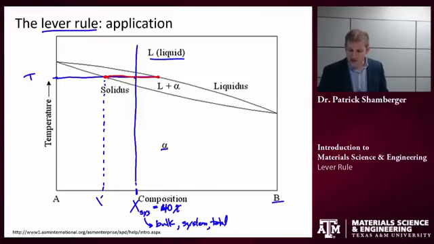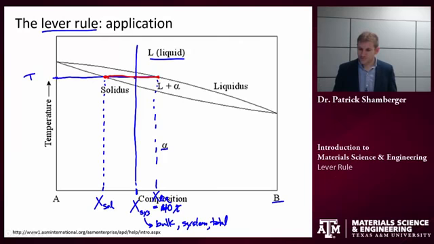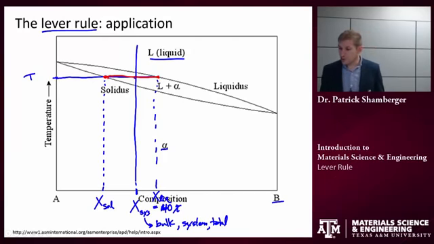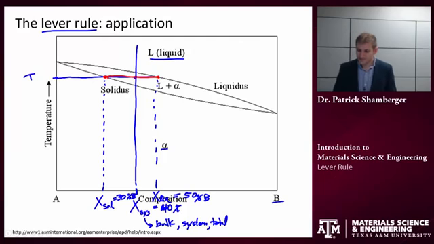It tells us what is the composition of the solid present and what is the composition of the liquid present. In order to apply the lever rule, we need all of these numbers. So this liquid looks like it's about 50% component B. The solid, maybe just to do the math easier, we'll say it's about 30% component B.